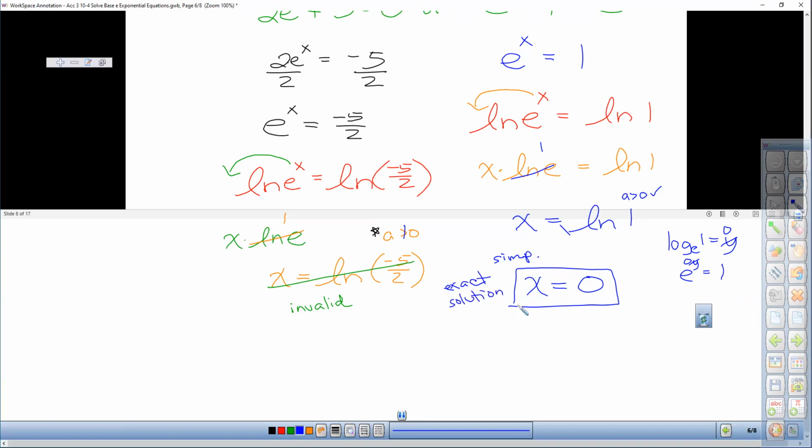And because 0 is 0, not a logarithm, there's no need for an approximate solution. The approximation for 0 doesn't make any sense because 0 is 0. So there's no approximate solution needed here. Okay? All right. Let's take a look at the next one.